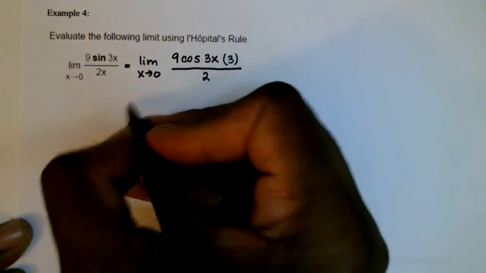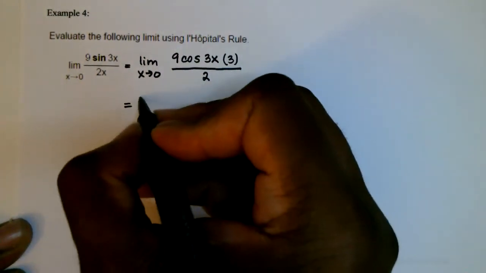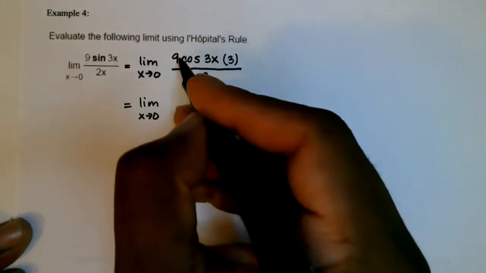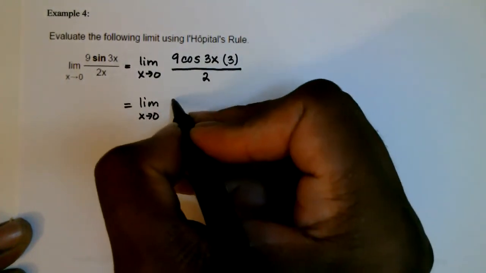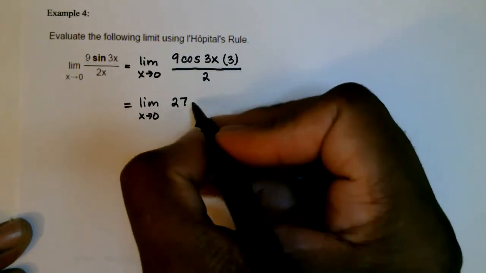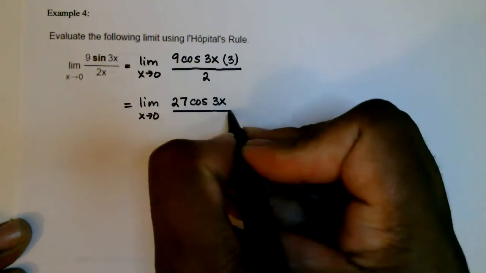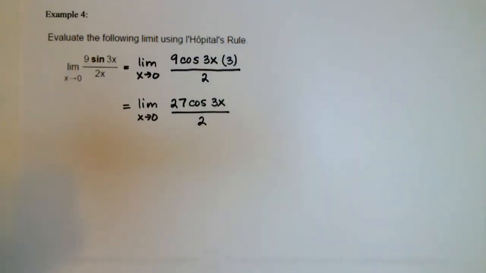Now, if I simplify this, I'm going to have a limit as x approaches 0. 9 times 3 will be 27. So it'll be 27 times the cosine of 3x, all that over 2. And again, I'm not going to get the indeterminate form because my denominator is not going to be 0.